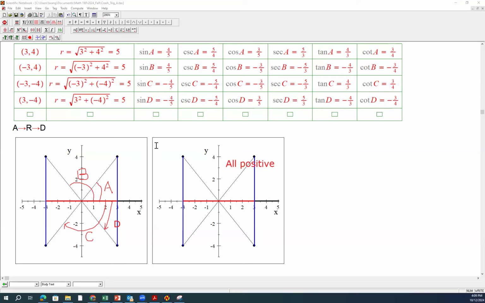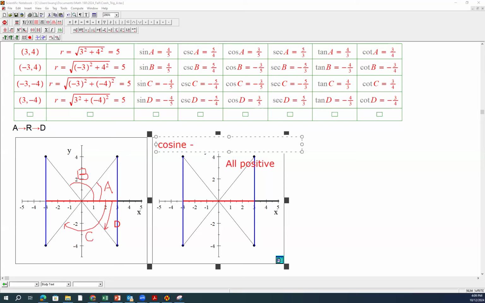So in the second quadrant, we got cosine, secant. Oh, hold on.